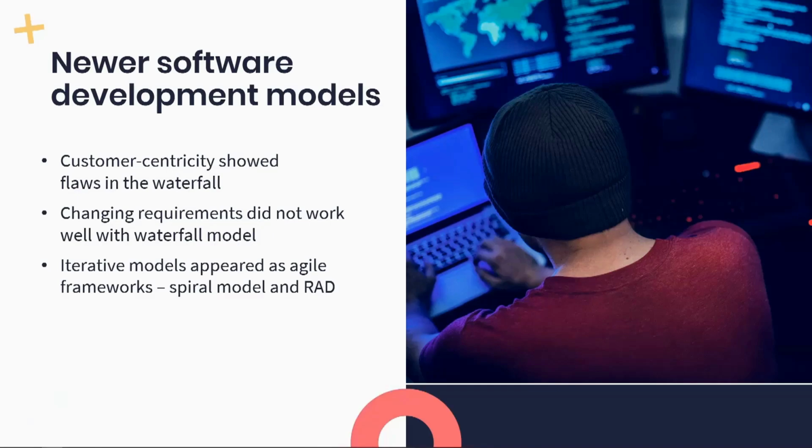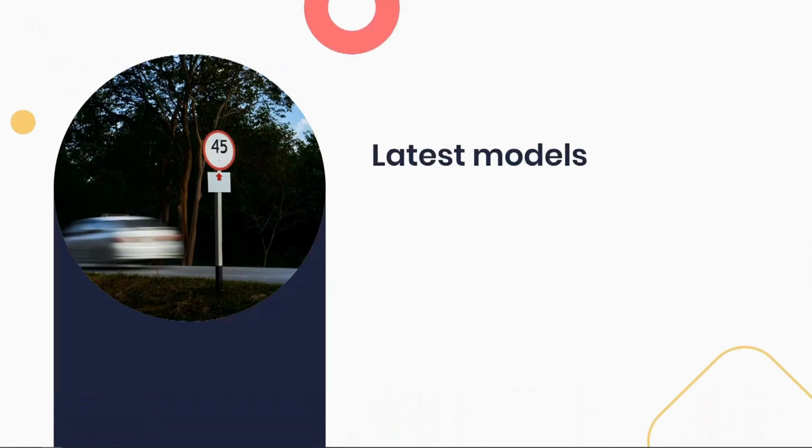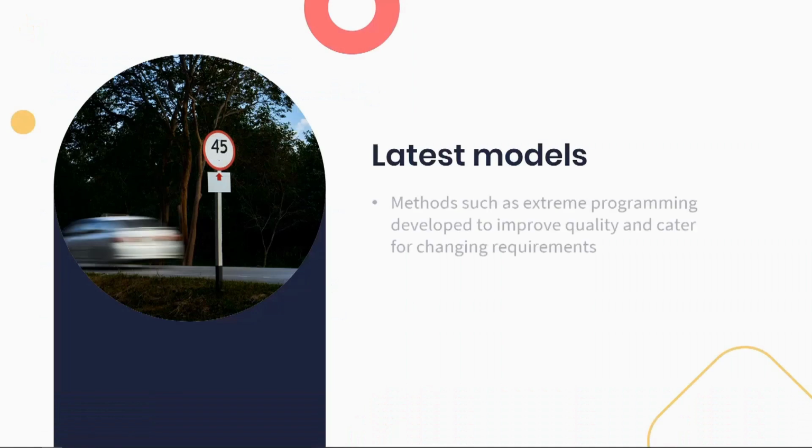In the 1990s, other models such as feature-driven development also appeared. These are really just a variation of agile development. Still on the customer-centric pathway, other methods such as extreme programming were developed to improve software quality while also catering for changing customer requirements.